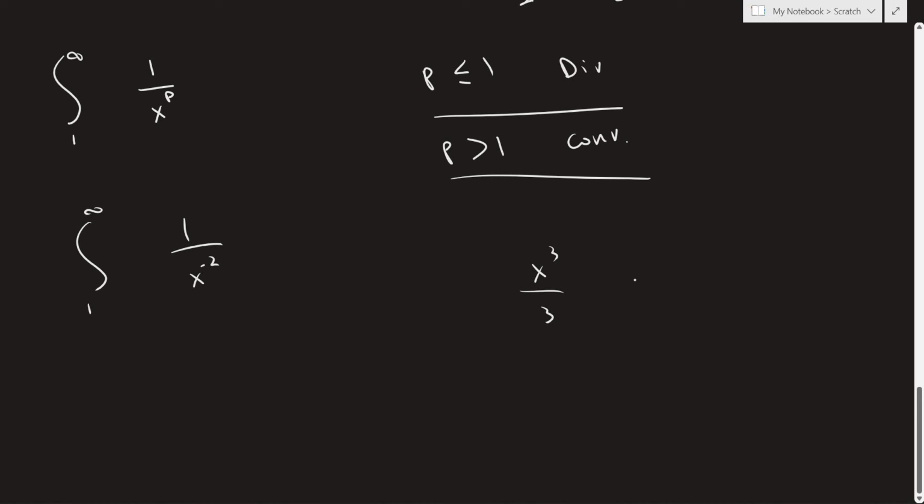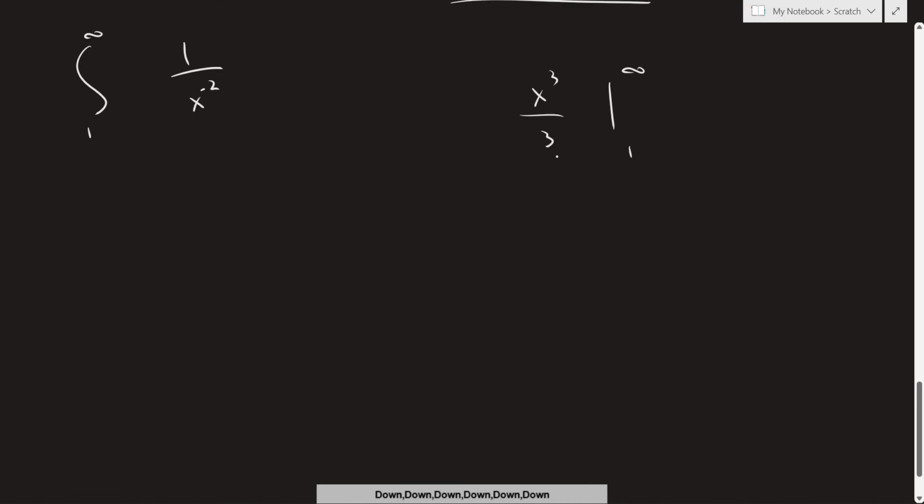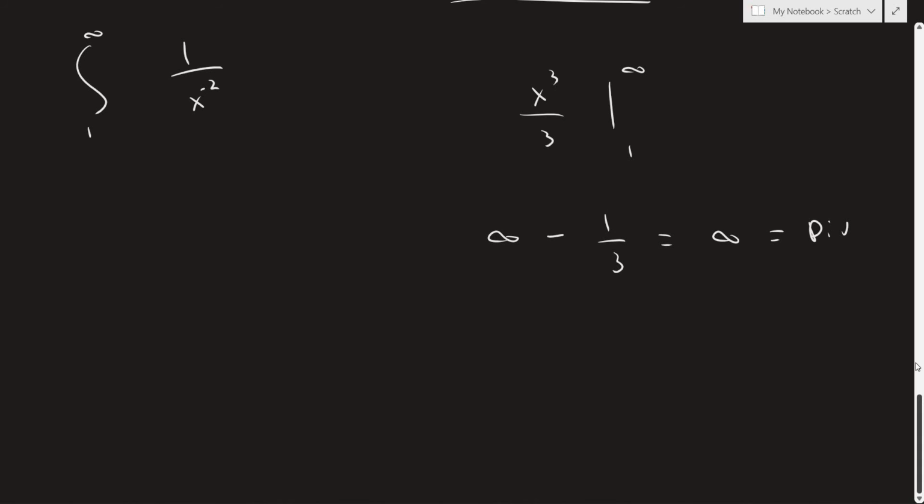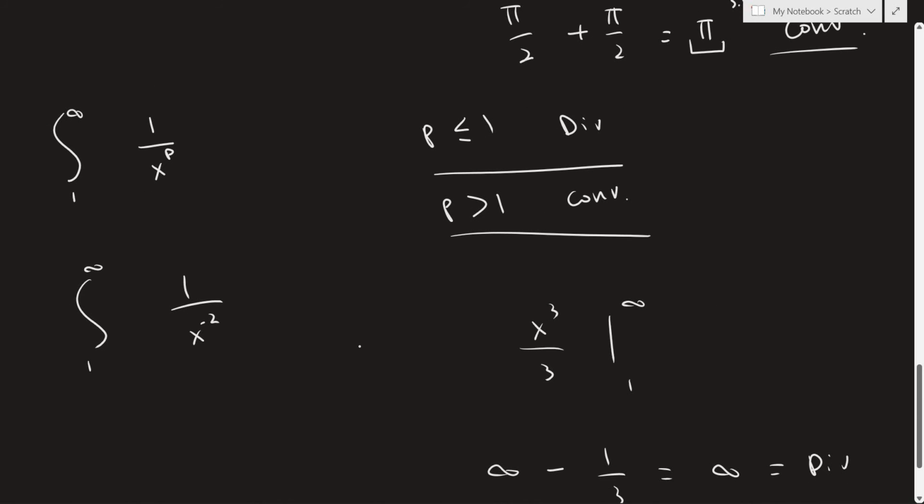Great. So now we replace 1 and infinity. So infinity will give you infinity over 3, which is simply infinity, minus 1 power 3 is 1, 1 over 3. So minus 1 over 3, which will give you infinity, which is divergent. So anything less than 1 is divergent.